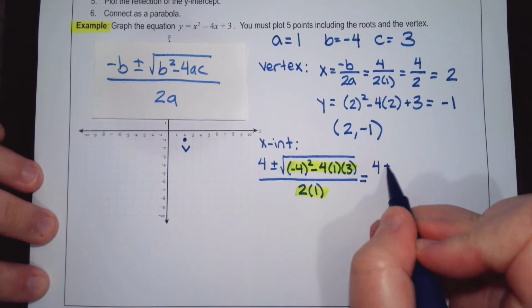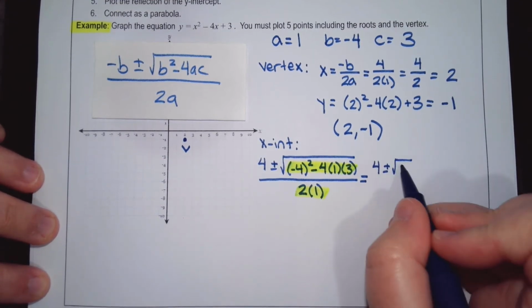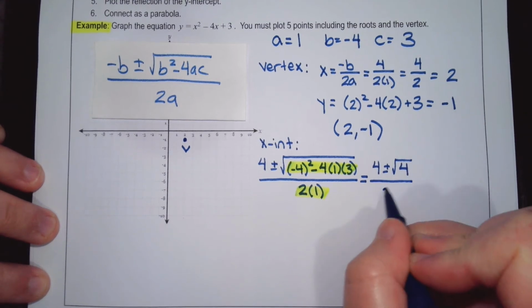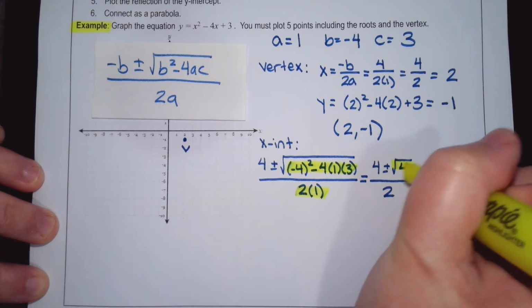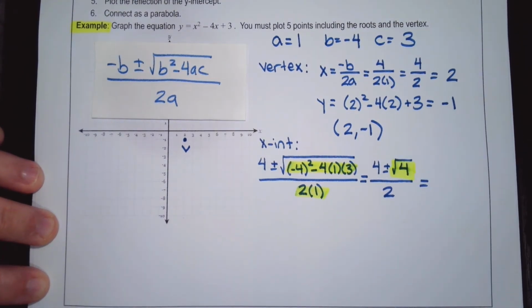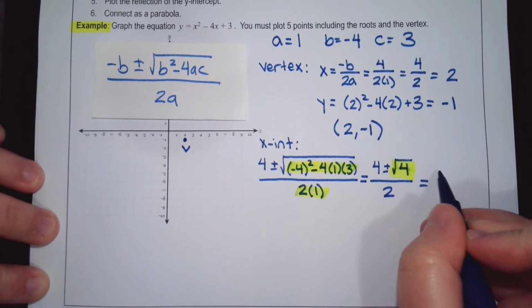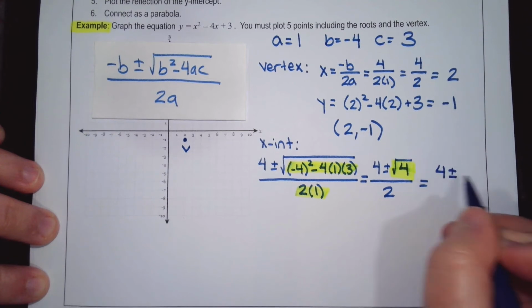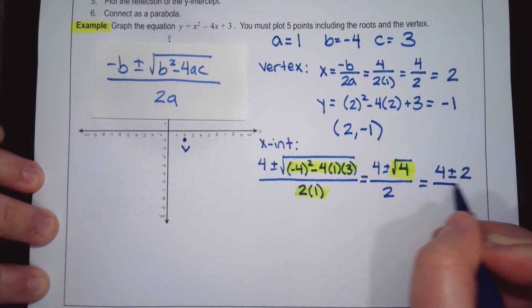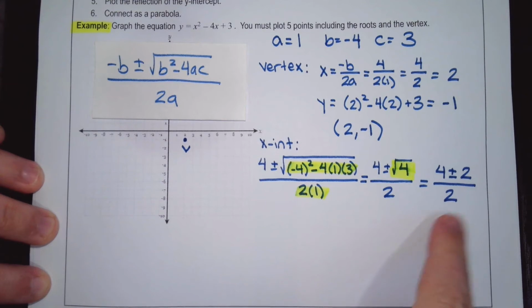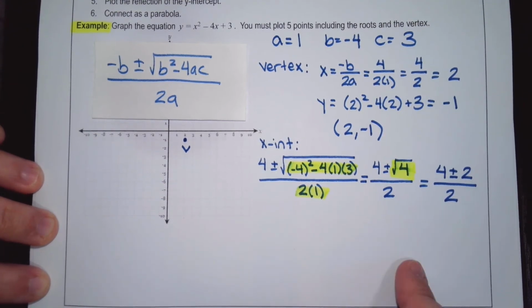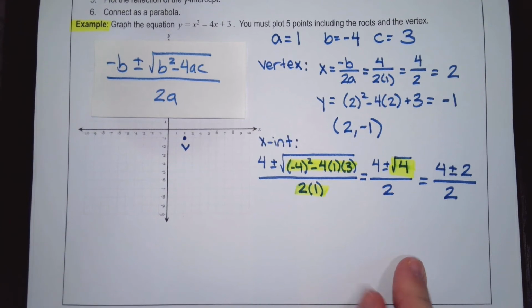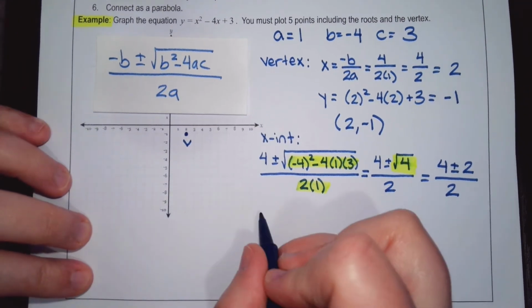So 4 plus or minus the square root of 4 all over 2. And then simplify that square root. Square root of 4 is a perfect square, and we get 2. Remember, when you get a perfect square, we need to break it apart to find our points. So that is what we're going to do now.